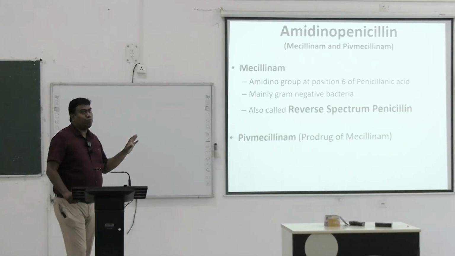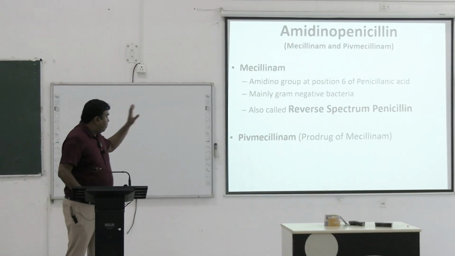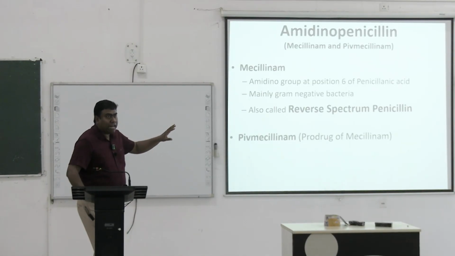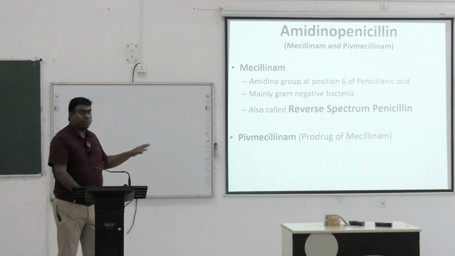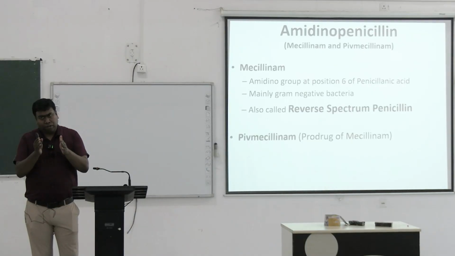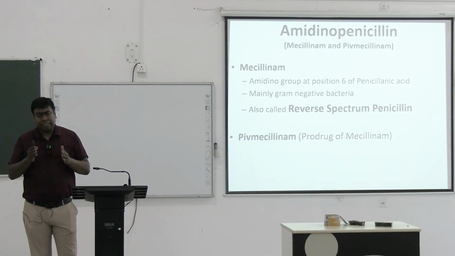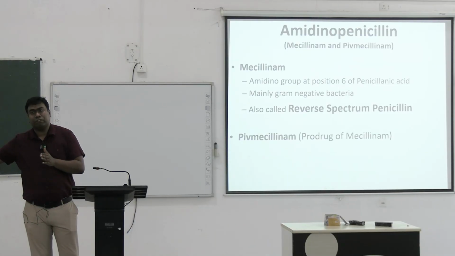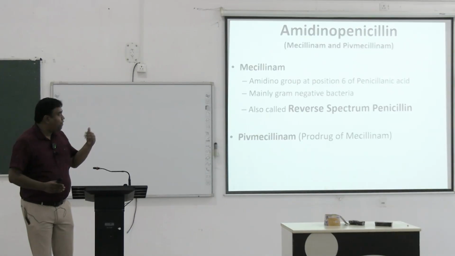There is another group of drug, Imipenicillin. They are reverse spectrum. Reverse spectrum means that up to this, penicillin covers gram positive. Then extended spectrum covers gram positive plus gram negative, pseudomonas. It is the reverse one.